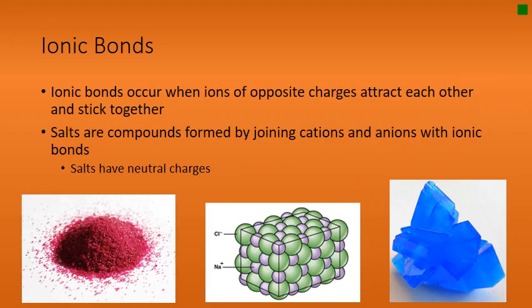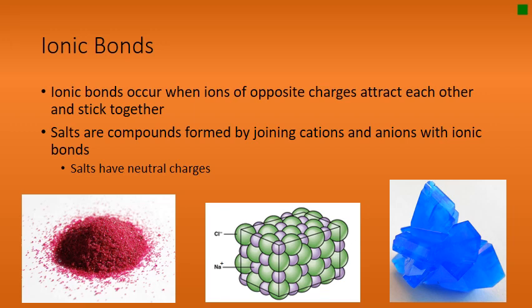Ionic bonds occur when ions of opposite charges attract each other. It's a permanent electrical attractive force. The compounds that are formed when cations and anions bond are generically referred to as salts.